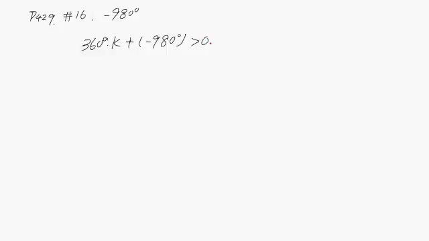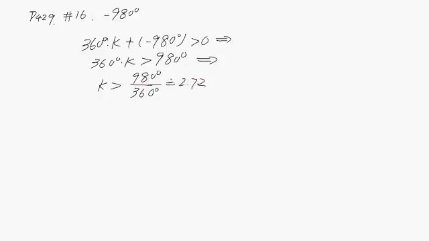We move 980 degrees to the right side: 360 degrees times k is greater than 980 degrees. Now we divide both sides by 360 degrees, then k is greater than 980 degrees divided by 360 degrees, which is approximately 2.72.